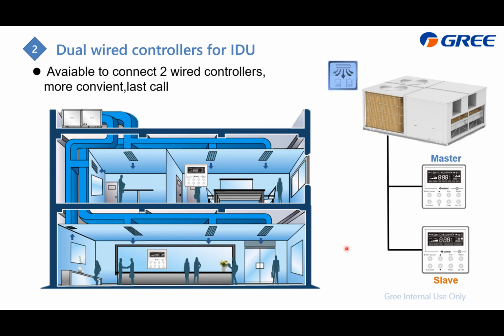For example, at the entrance, you can turn it on from here, then it can offer you cooling. And if you go to the office, you can also adjust the setting on this wire controller. It is available. Just don't forget to set either one of them as the master. And the control logic is last call, which means the last control is available.